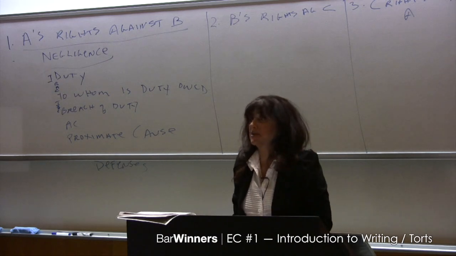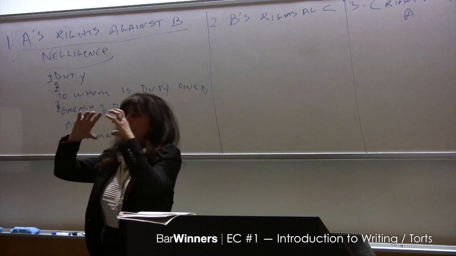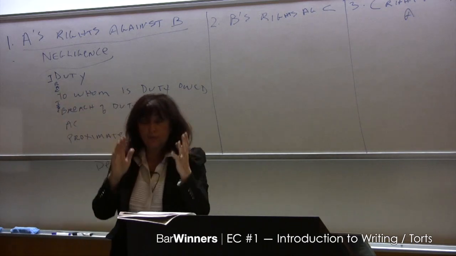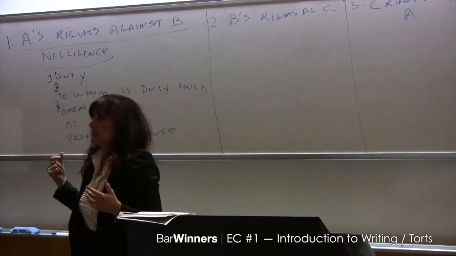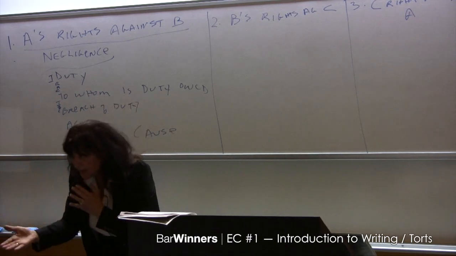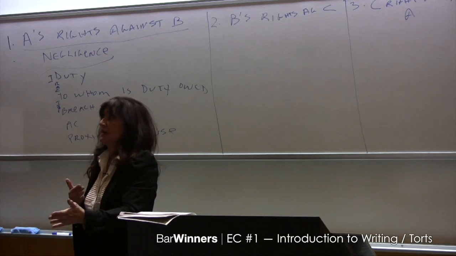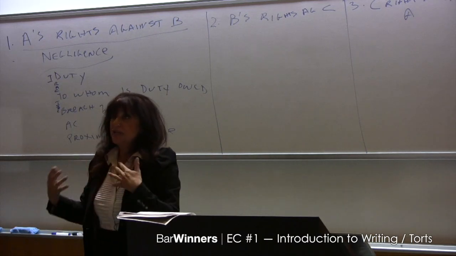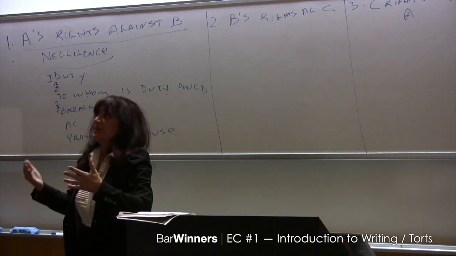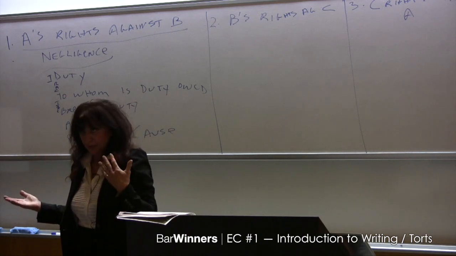So here's how proximate cause goes. Head note, proximate cause, direct or indirect. If causation's direct, you're in and out in 5 minutes. If causation is indirect, the next issue is dependent or independent. After dependent and independent, your next heading after that is foreseeable or unforeseeable.